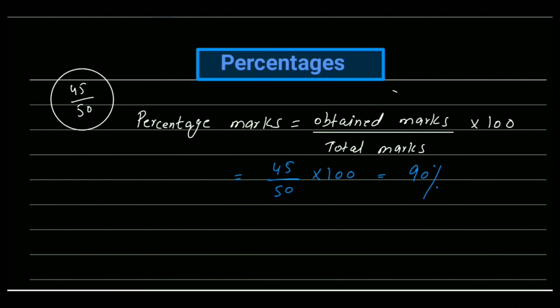Suppose for some reason his marks increased by 2. Now his marks are 47 out of 50. So how do we find the percentage increase of his marks?